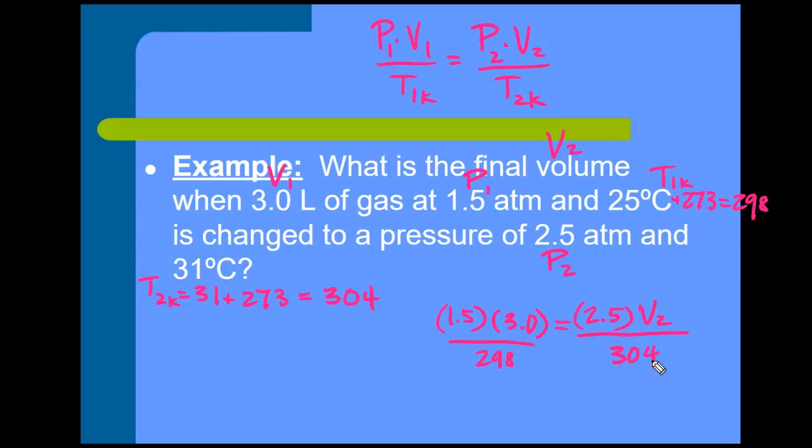So I'm going to cross multiply, which means I'm going to have 304 times 1.5 times 3.0 is equal to 2.5 times 298 times V2. Ultimately, I will divide by this product to find my V2.